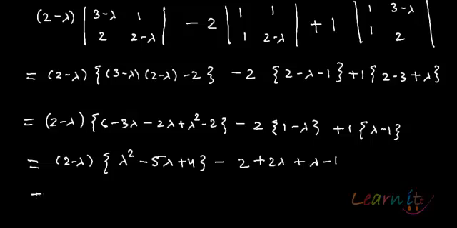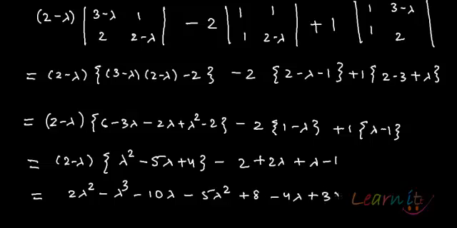Okay, and this eventually will be giving me 2 lambda square minus lambda cube minus 10 lambda minus 5 lambda square plus 8 minus 4 lambda plus 3 lambda minus 3.